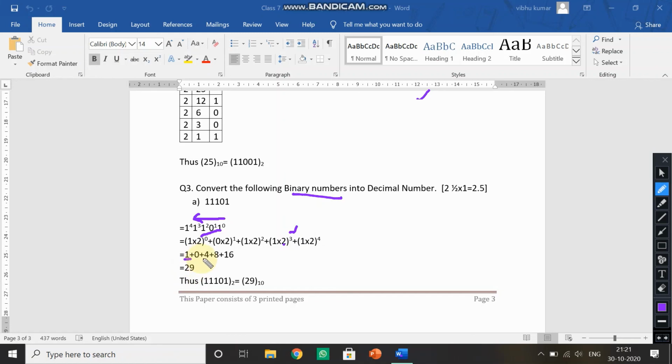This way when you add the numbers, the answer will come 29. So 11101 is equivalent to 29 in base 10.